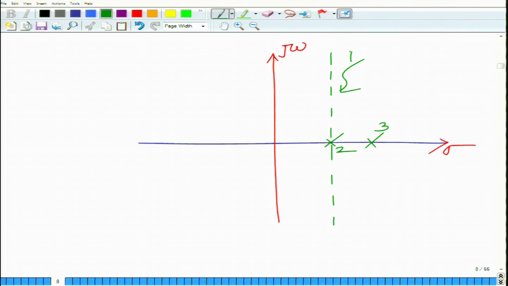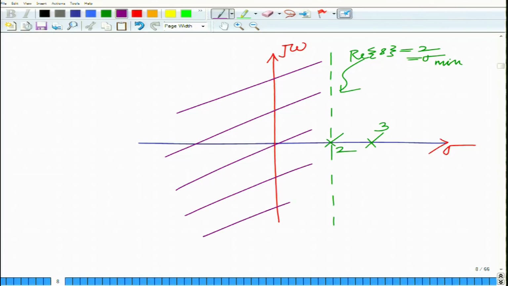This is the line real part of S equals 2, that is sigma min, and the ROC is to the left of this, that is real part of S less than 2.